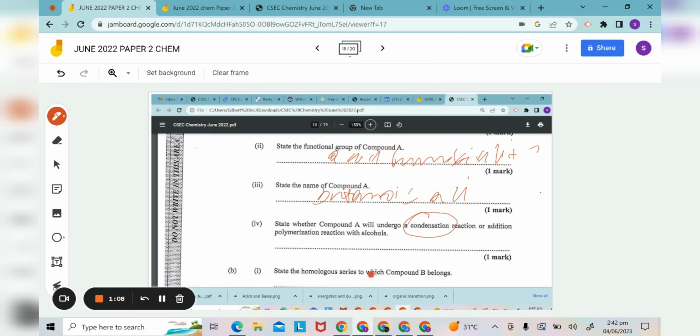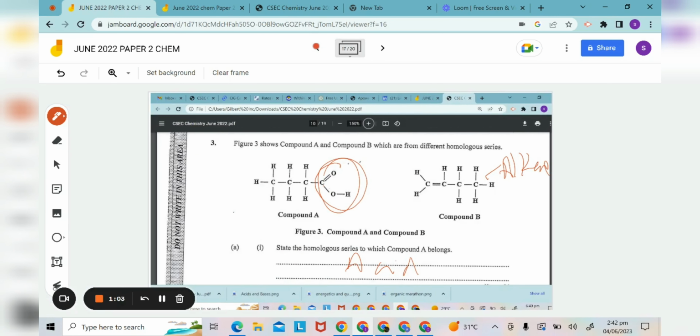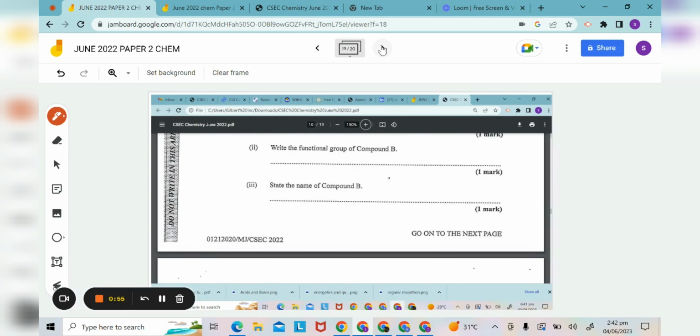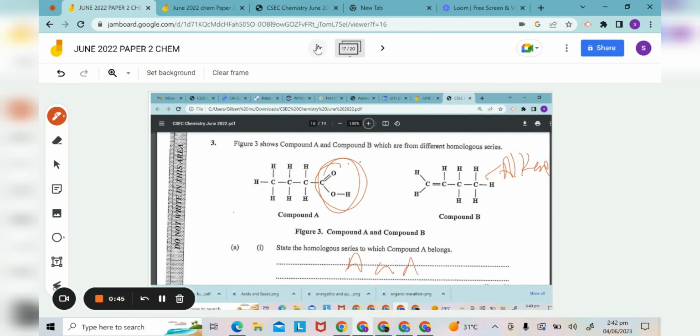Then state the homologous series to which B belongs, and we did say that already, that B belongs to alkenes, right? It has 1, 2, 3, 4 carbons in it, because chances are they're going to ask us to give the name. Write the functional group of compound B, which is carbon double bond carbon. State the name of B, so I'm just going to go back so we can see B and name it properly.